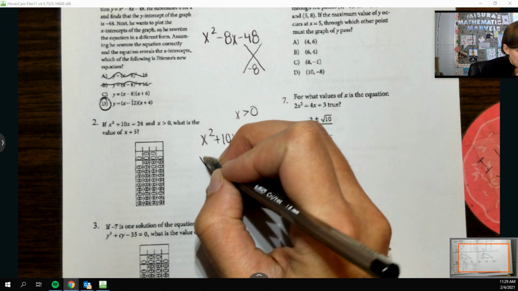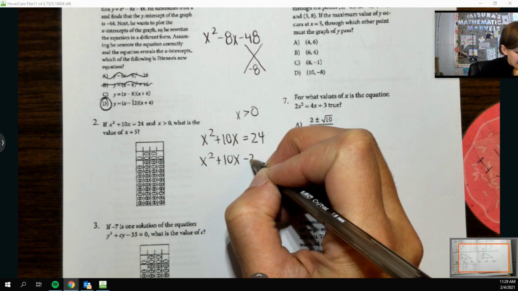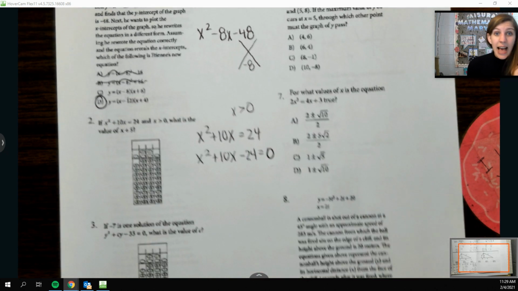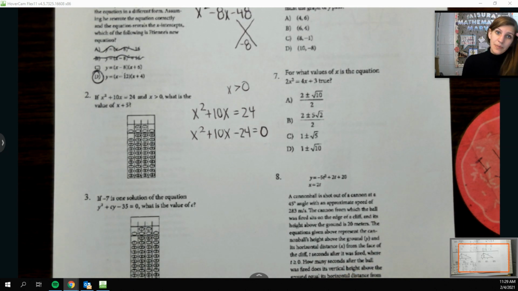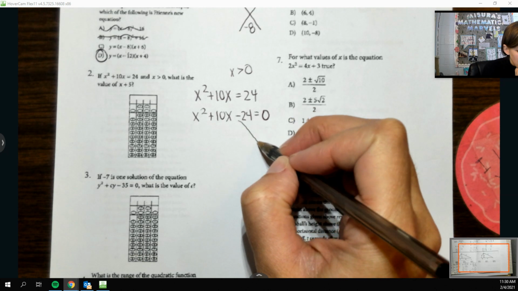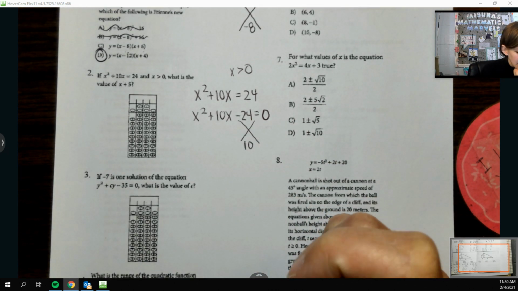So if I want to solve for x, the fastest way to do it is to factor. But no matter how I do it, I have to be equal to 0 first if I want to solve for x. So solving quadratics or solving polynomials, you have to be equal to 0 first. And so I would try to factor this and think what's going to multiply to negative 24 and add to 10.